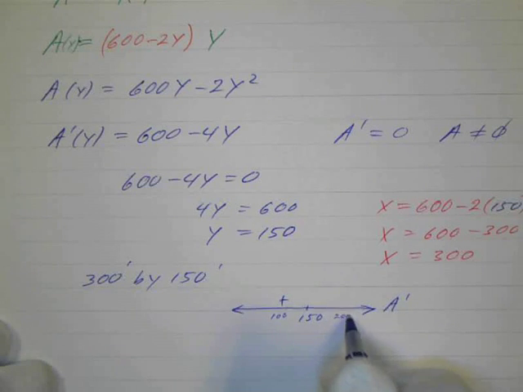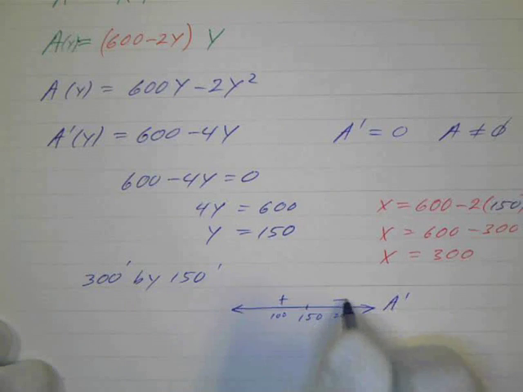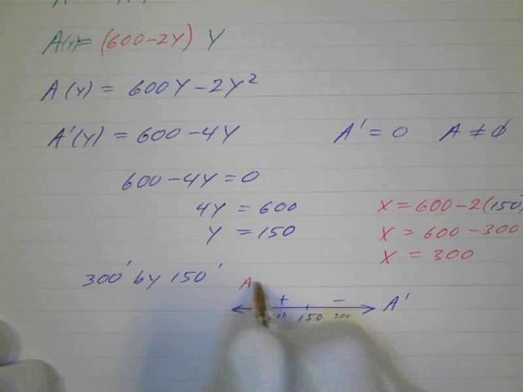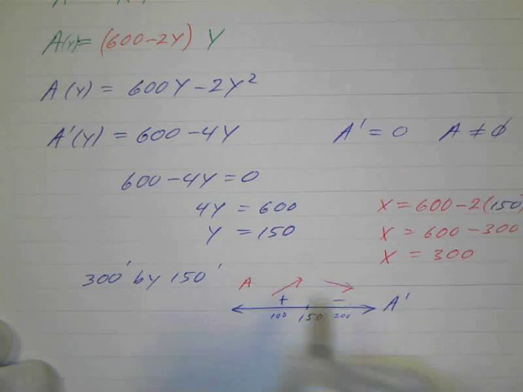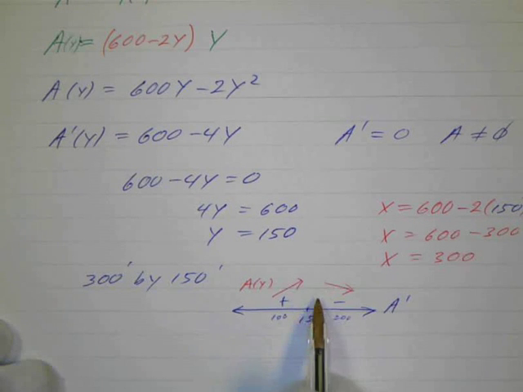And if I put 200 in here, that's going to be negative, 600 minus 800. So it does look like the area is going from positive to negative. So it looks like I do have a relative maximum there.